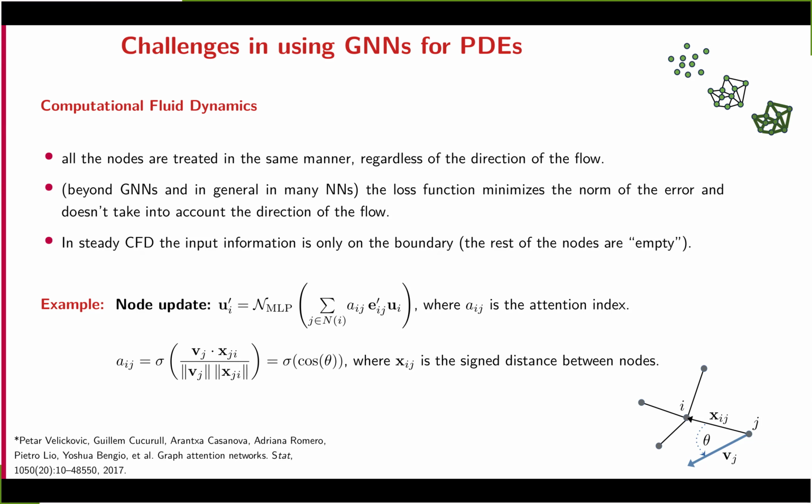And we give more weight to messages whose direction is in the same direction of the flow. The weight is computed by the cosine between the edge, with a sign, and the velocity. And this is an example of what I was mentioning at the very beginning, embedding physical relationships between nodes within the network.